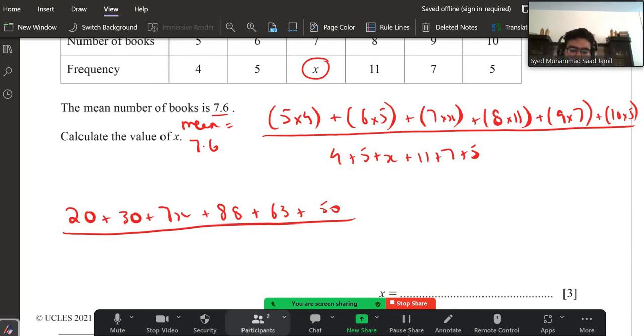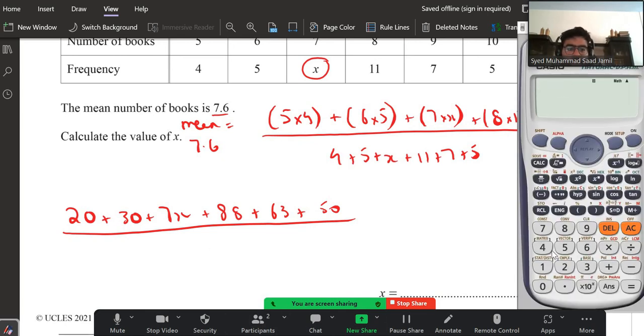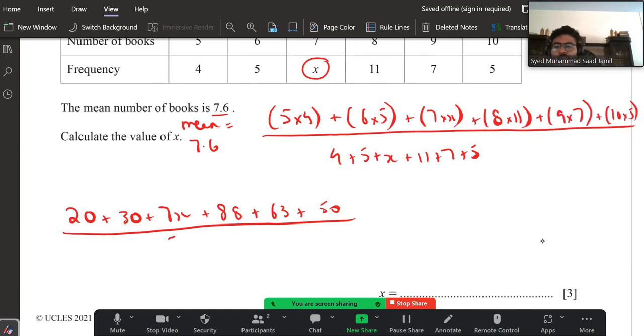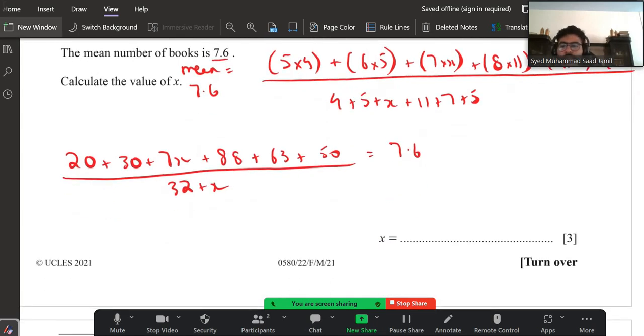I'll just use a calculator because why not. That's 32 plus x, remember that, equals 7.6. Now let's just add them all up.